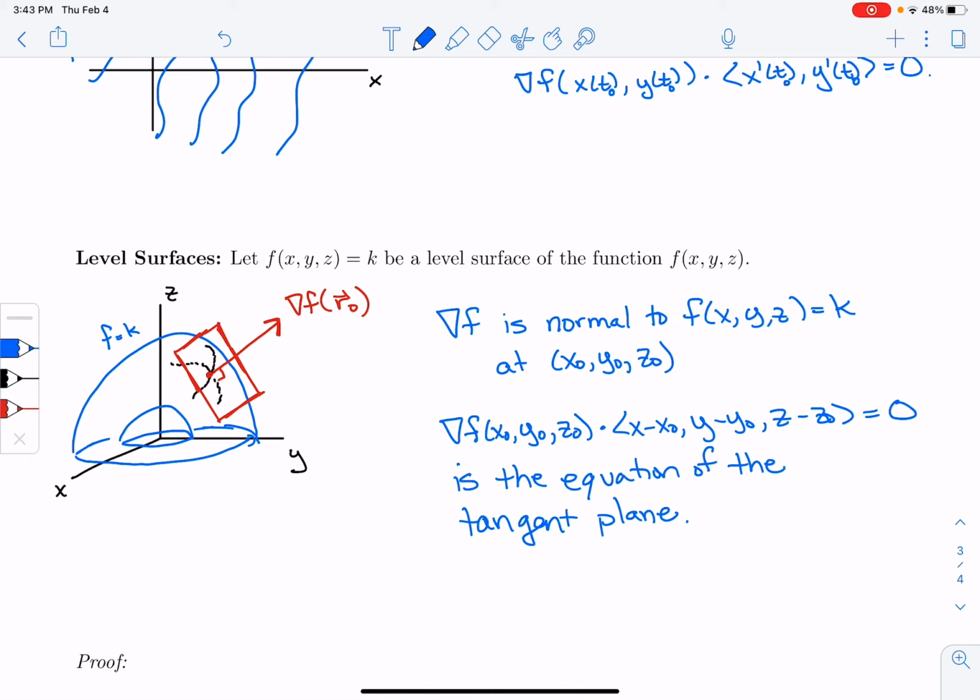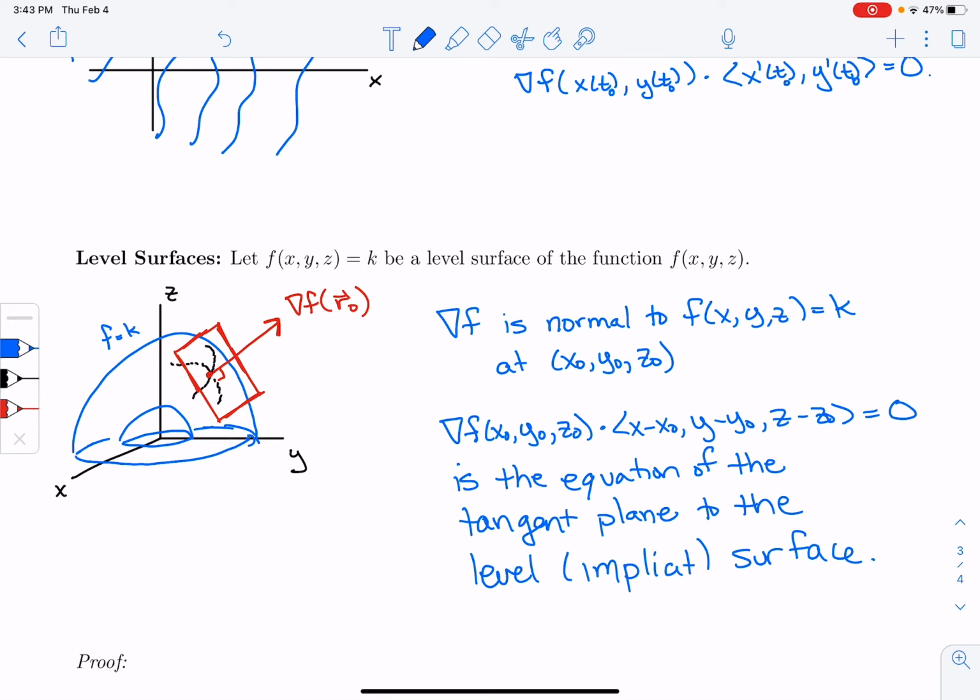So this is the equation of the tangent plane to that level, or you could even say it's an implicitly defined surface. So this is the picture of what it looks like in 3 dimensions. Gradients are perpendicular to level curves. They're normal or perpendicular to level surfaces.